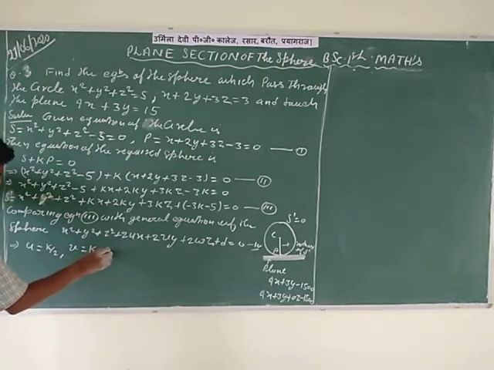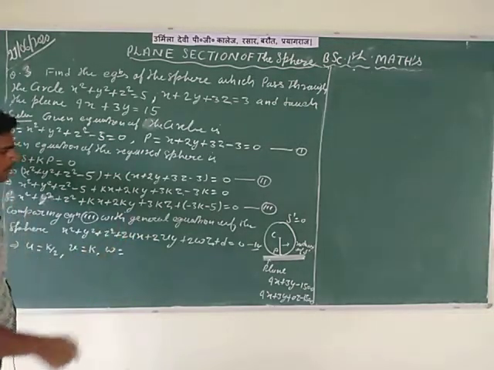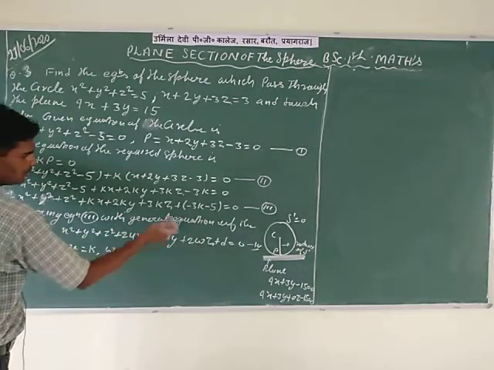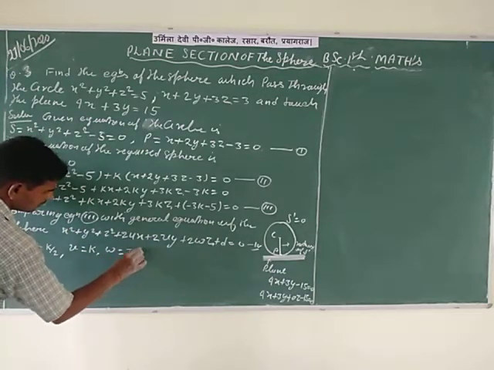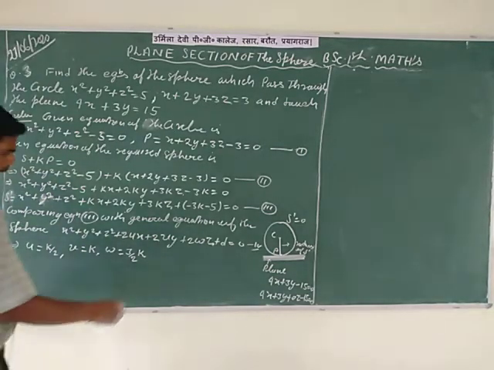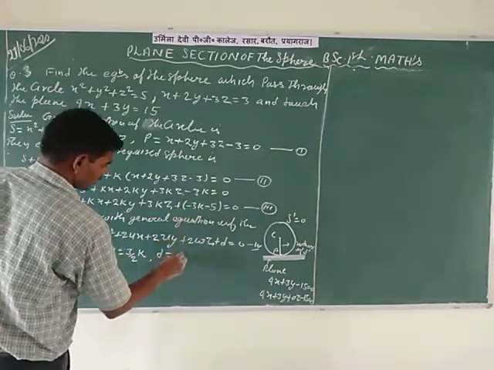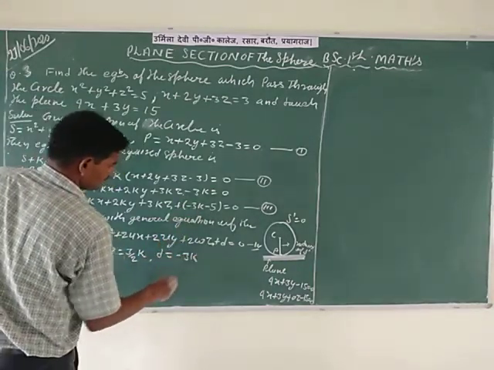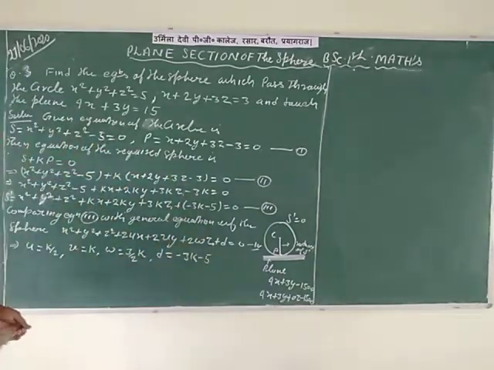And w: the coefficient of z in equation third is 3k. So 2w is equal to 3k, meaning w is equal to 3 by 2 k. And d, the constant value, is equal to minus 3k minus 5.